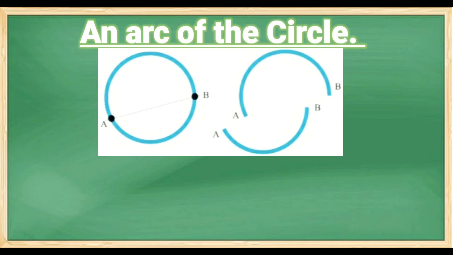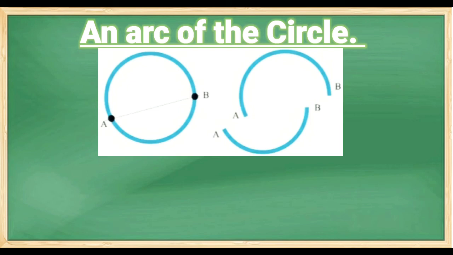Now, if we have to name one of those two arcs or both the arcs, how will we name them? According to the information available, we will name them as arc AB. But then there is a difficulty involved here. From the name arc AB, we cannot specify which of the two arcs we are speaking of.